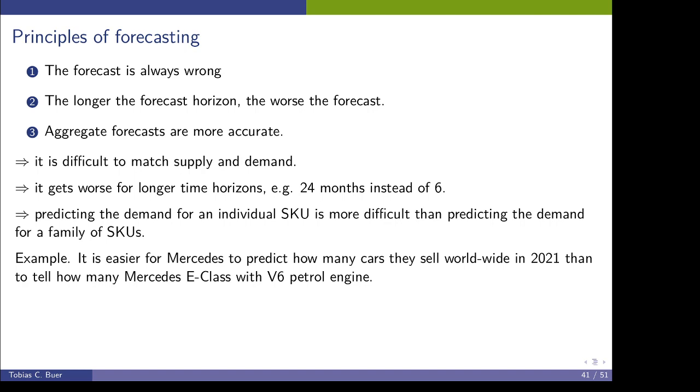What are some basic principles of forecasting? The most important principle of forecasting is that forecasts are always wrong. This might be counterintuitive when you learn about forecasting, but it's basically the most important lesson. You can put in a lot of effort to make forecasts, but you always need to work under the assumption that your forecasts will be wrong in the end.